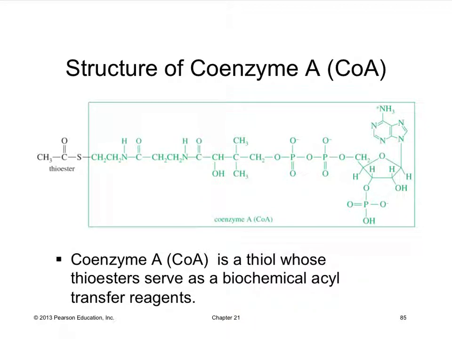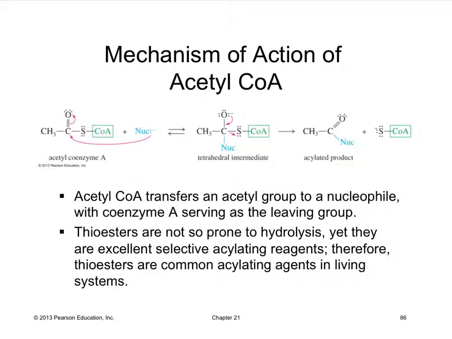If we look at coenzyme A, this is coenzyme A, actually used in a lot of biochemical steps in cells. It's a thiol which has a thioester shown here, and it's important in transfers with other nucleophiles in proteins or in the cells.